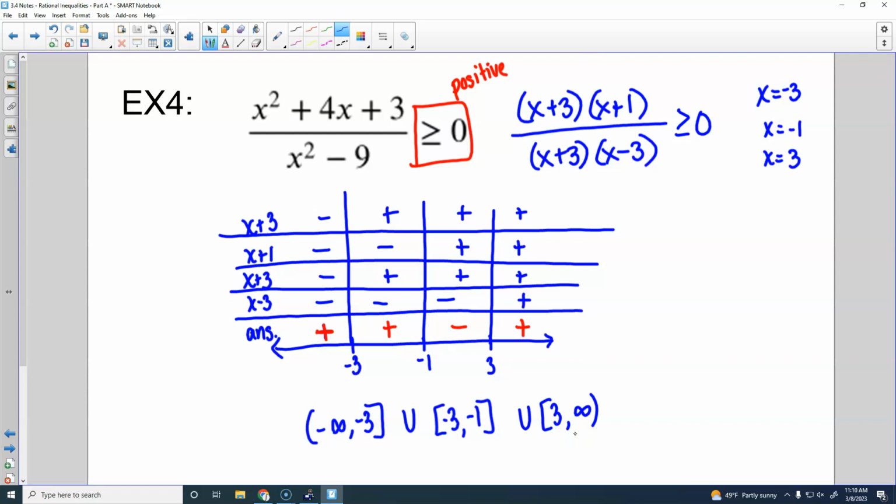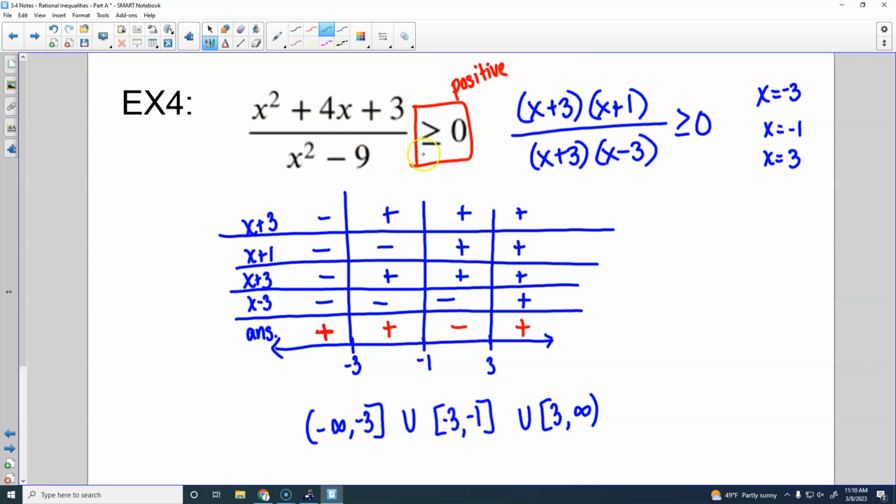You cannot, and here is why. What I have written down, I need to go back and think about excluded values. If you have a less than or greater than sign, you don't even have to think about this. All of them should be parentheses. This only happens whenever you have an or equal to sign.